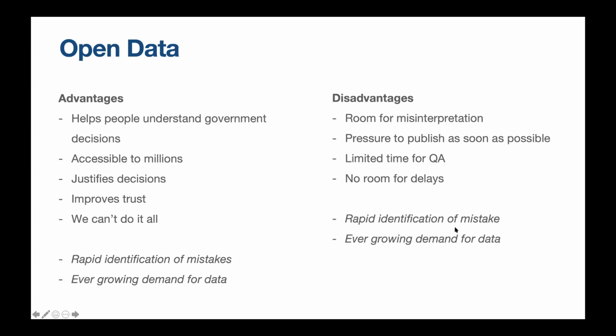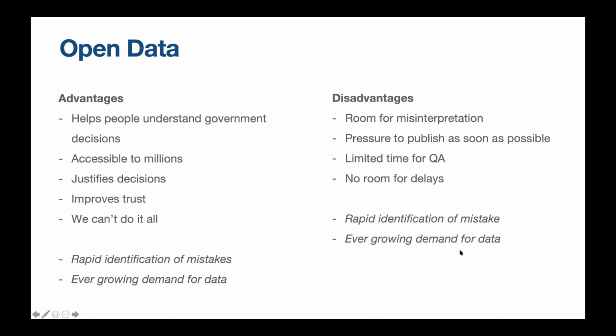So it helps people understand government decisions. It makes the data accessible to millions of people, justifies decisions, improves trust. And we can't do everything ourselves. There are many things we can't do ourselves. And I'll give you an example of what I mean by that.